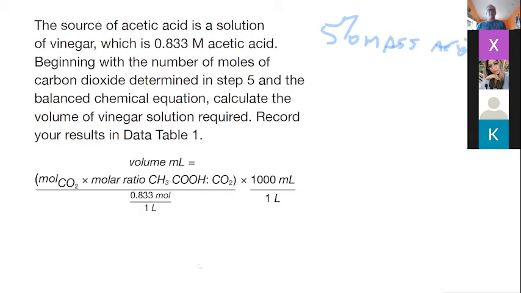And then we figured out what the molar mass of acetic acid was, figured out the density, and then figured out what the concentration was. So the concentration is given for you, so you don't have to figure it out again. It's 0.833 molar. So what's the easiest way to determine the number of moles we're going to need?